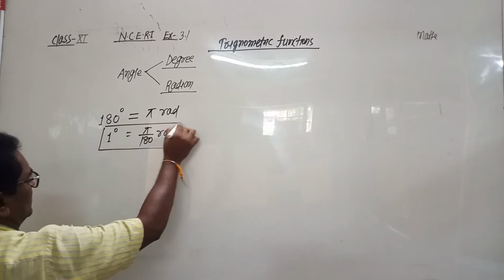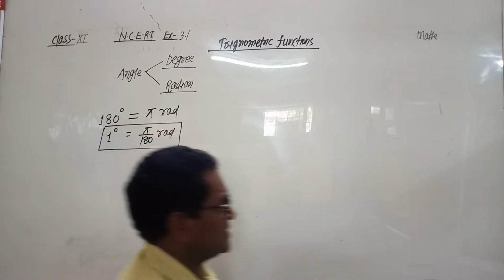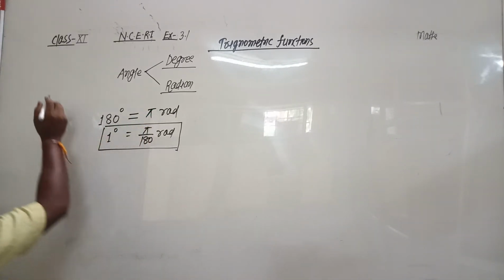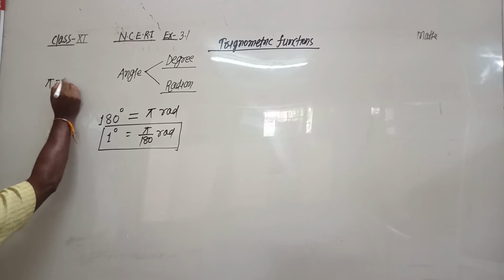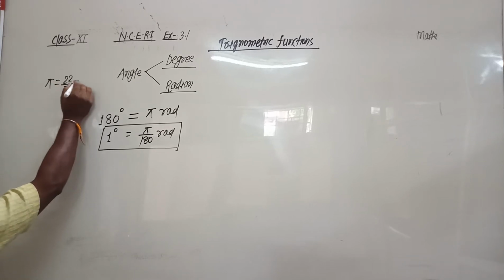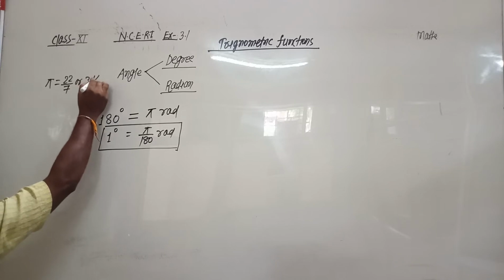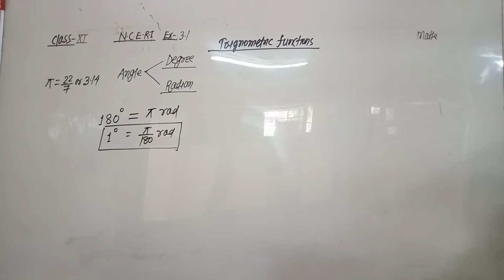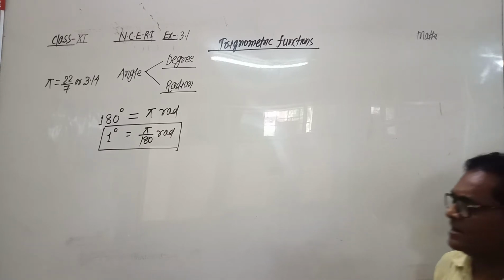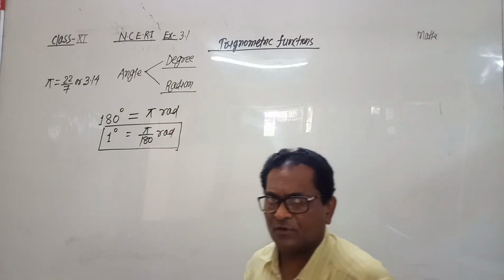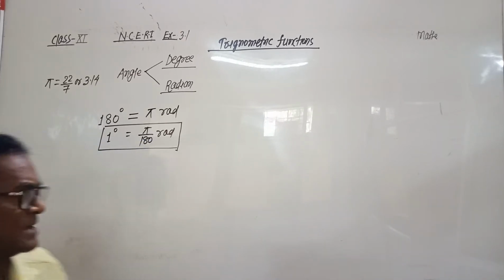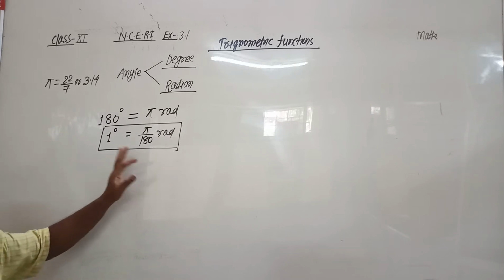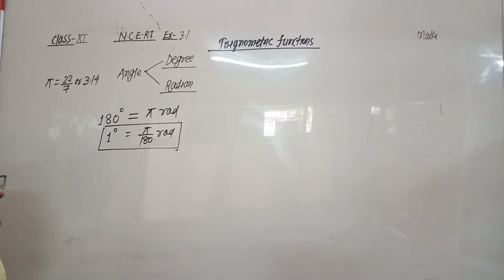In radian, pi is given by 22 by 7 or 3.14. When we divide 22 by 7, we get, rounded off, 3.14. So 1 degree equals pi by 180 radian.